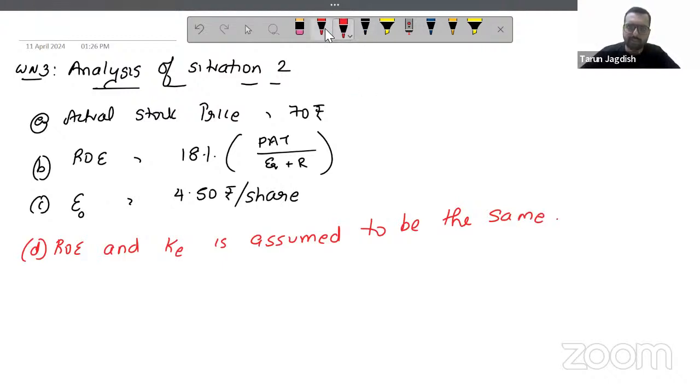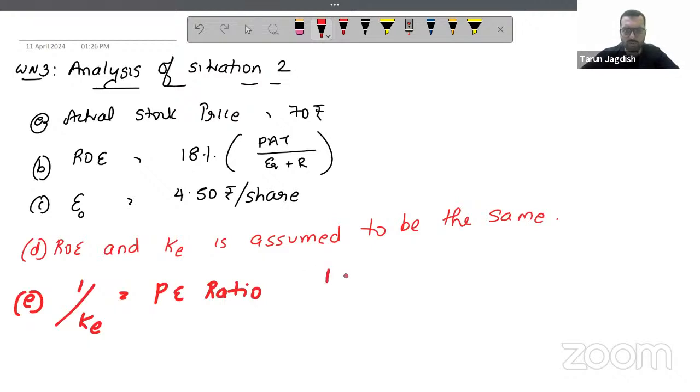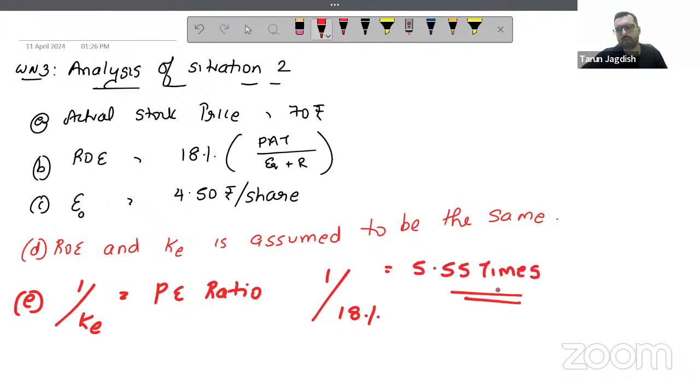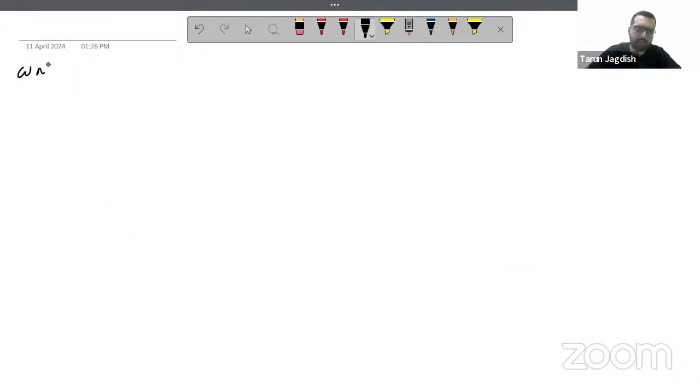Once this assumption is done, they find that 1 divided by KE is equal to the PE ratio. So 1 divided by 18%, you get the PE ratio as how many times? 5.55 times. Okay.